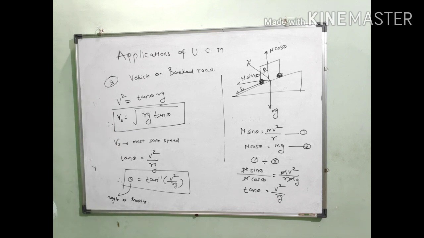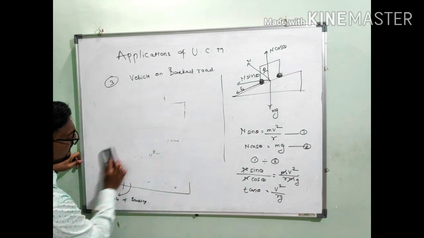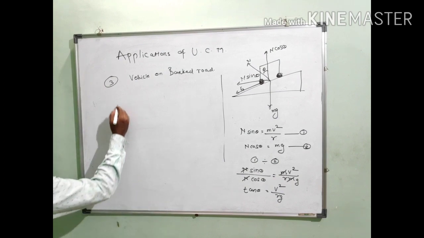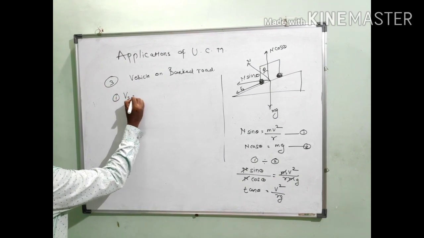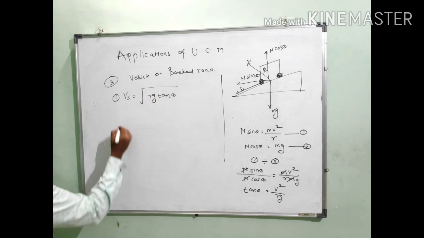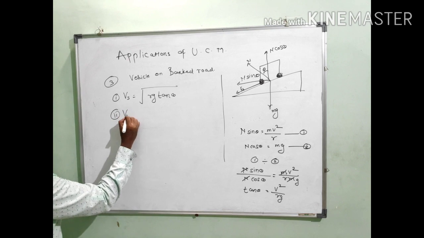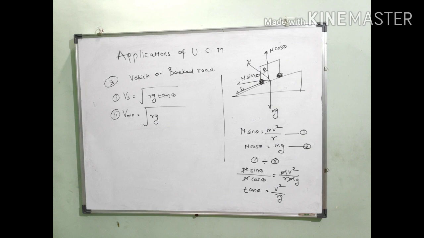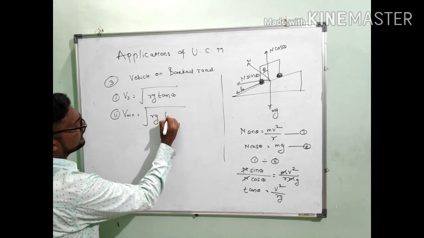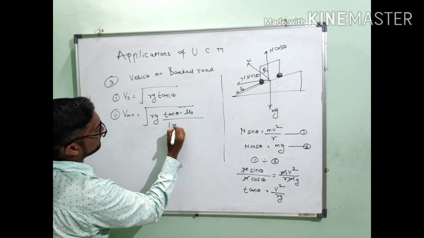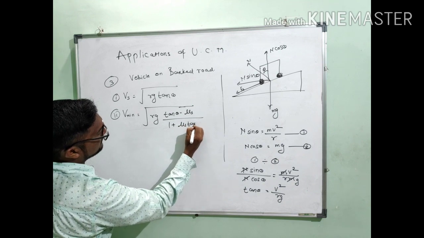So we have got three speeds, three equations of speed. First is most safe speed, that is Vs is equal to root Rg tan theta. Second is minimum speed limit, root Rg tan theta minus mu s upon 1 plus mu s tan theta.